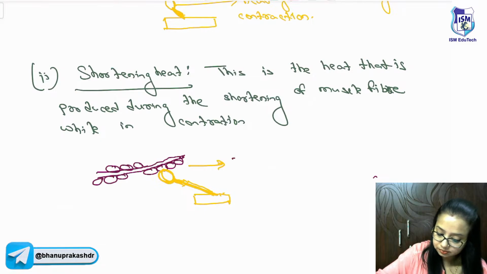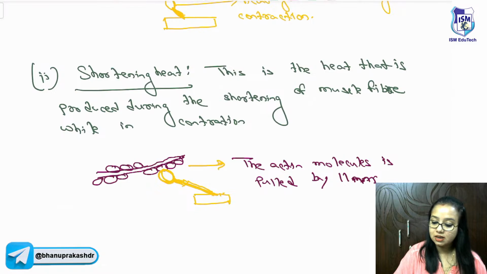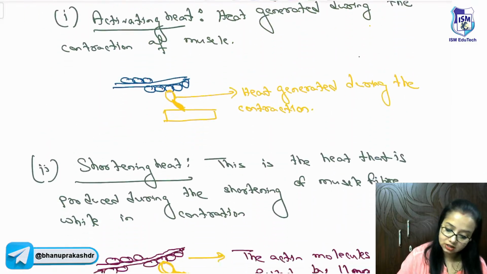The actin molecule is pulled by 11 nanometer. So when the same pulling of this actin molecule happens in many sites, then obviously the length of the skeletal muscle shortens, it reduces. So during that shortening of the length of the skeletal muscle, the heat that is generated from the fraction of ATP due to actin myosin binding is the shortening heat.